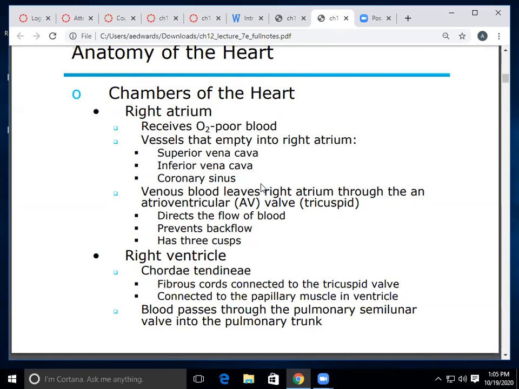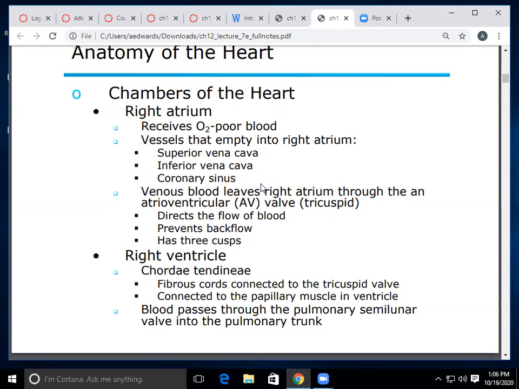Now that venous blood is going to go from the right atrium through what we call an atrioventricular valve, because it's between the atrium and the ventricle, or AV valve, also known as a tricuspid valve because it has 3 cusps, down to the right ventricle.